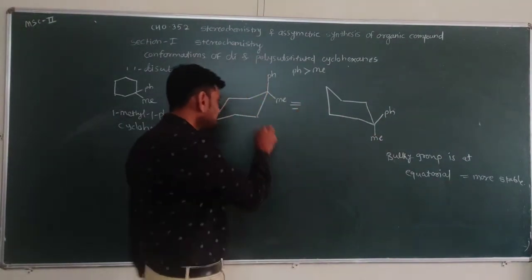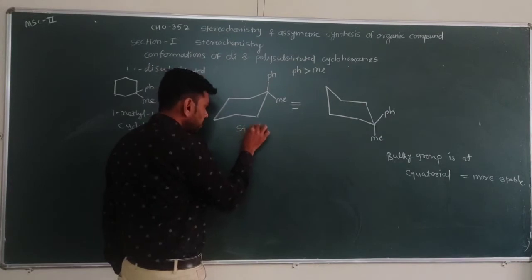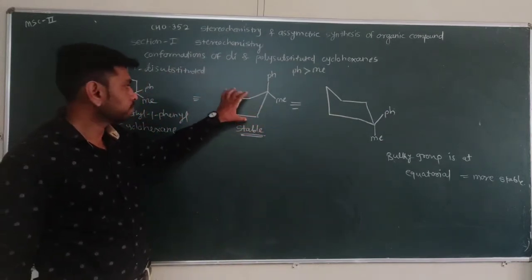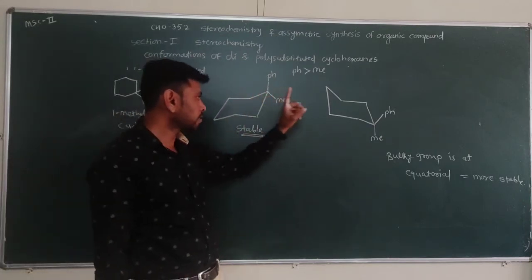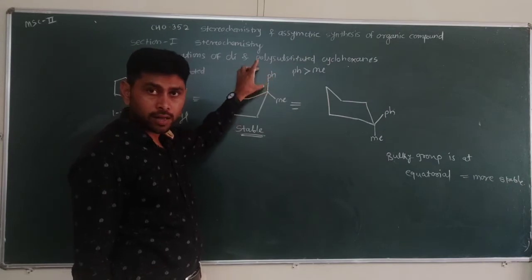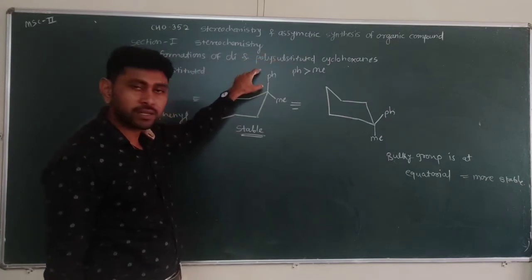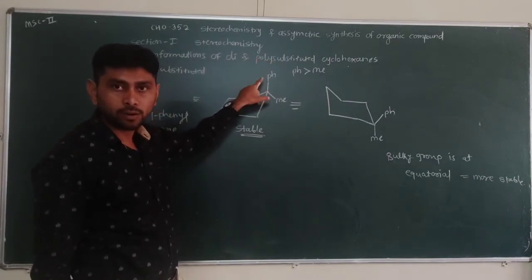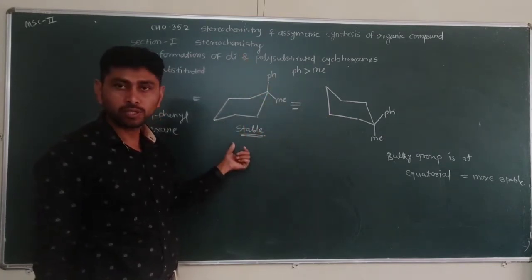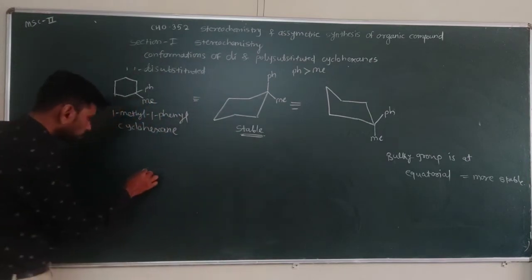But we observed that the first conformation is more stable as compared to this one. Although this conformation contains the bulkier phenyl group in the axial position, still it is more stable. See the reason for that.